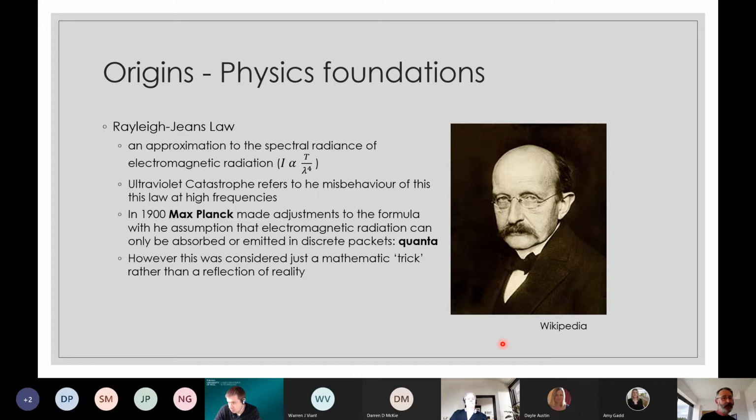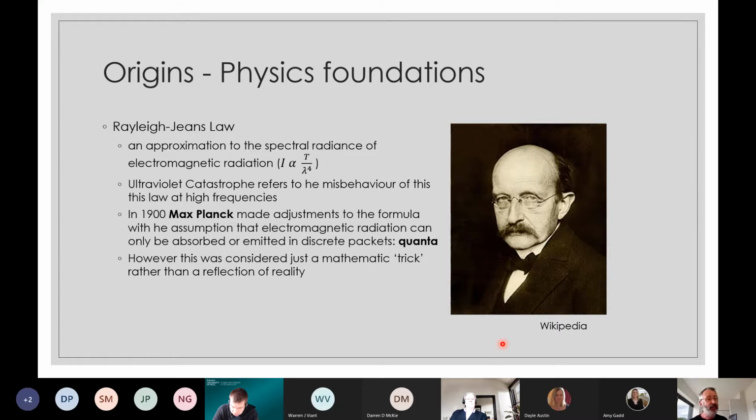Now, this is not uncommon in areas like physics, because basically you propose a law or model and it holds for some time until somebody does an experiment and it doesn't work anymore. And then you come up either with a modification to that law or a brand new law. And that's how physics moves on. So Max Planck saw this and he looked at it, and how could he adjust that formula to work?